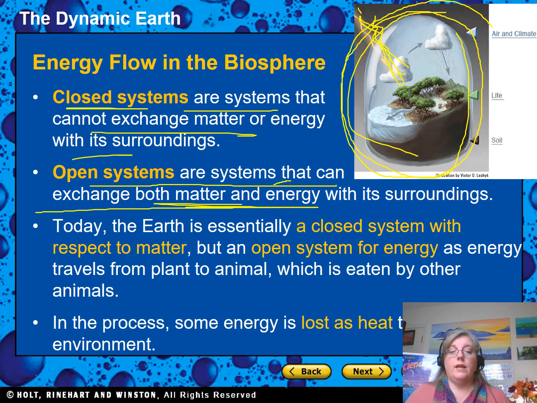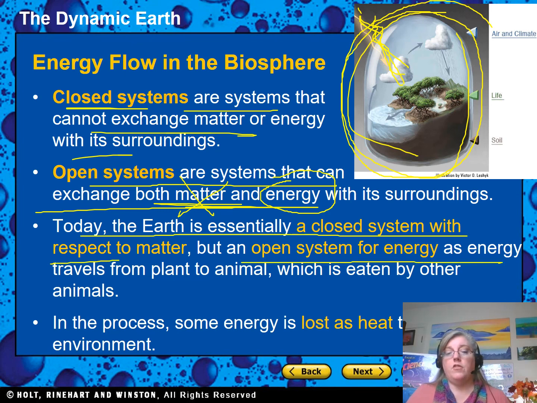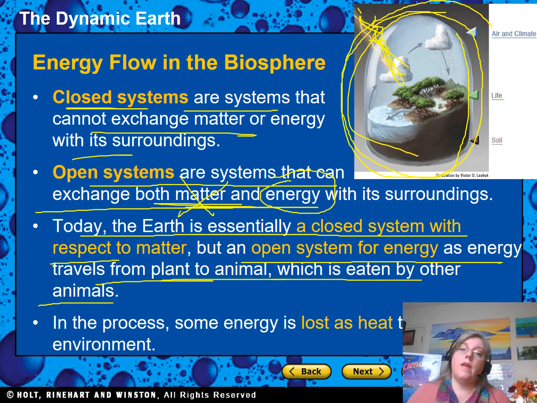We can only exchange energy. Now today the Earth is essentially a closed system with respect to matter, but an open system for energy, as the energy can travel from plant to animal, which is eaten by the other animals, and then the heat that's produced can escape back out. Okay, that's right here. The loss is heat. And that, I think, is the end of our notes.